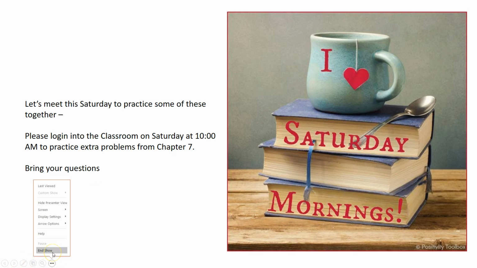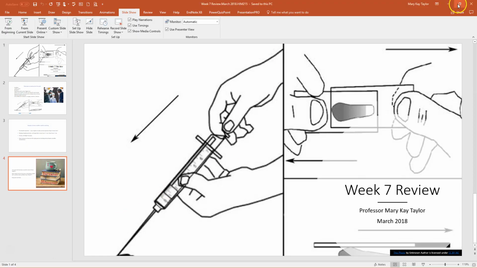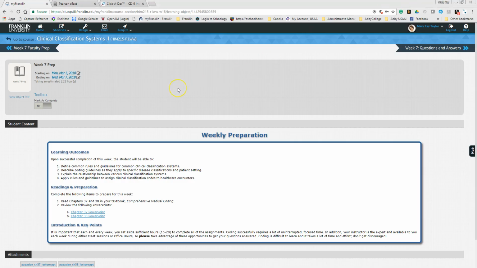So let me end the PowerPoint now, and let's take a look at some of the considerations from your textbook, because these are going to be important. The chapters that we're looking at in your textbook are chapters 37 and 38.